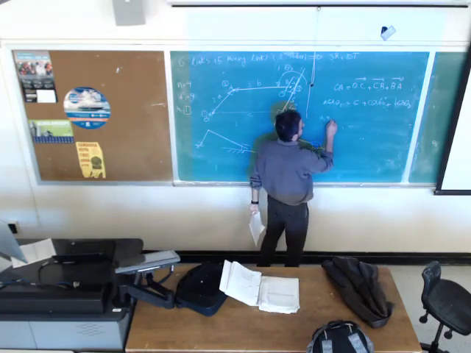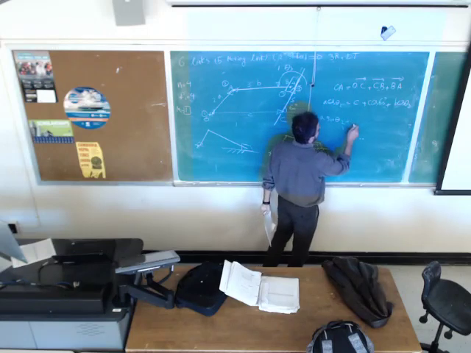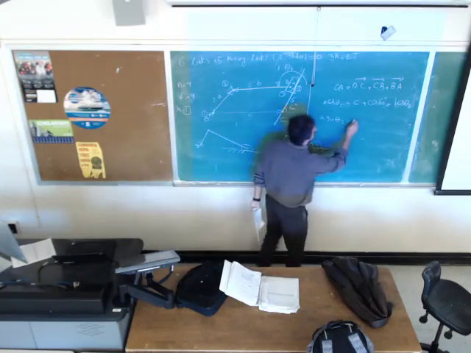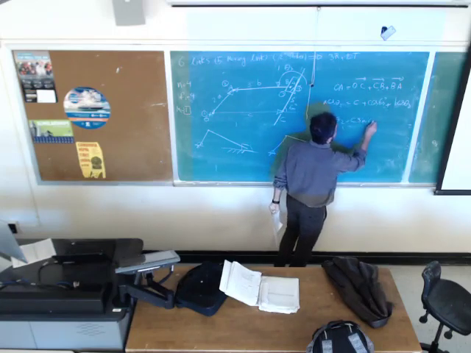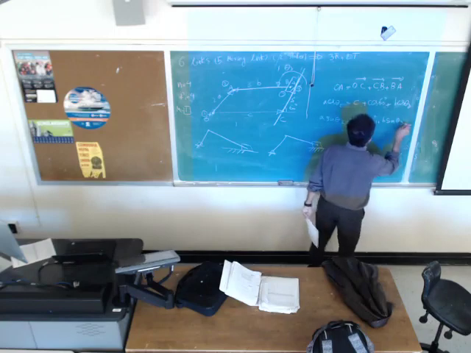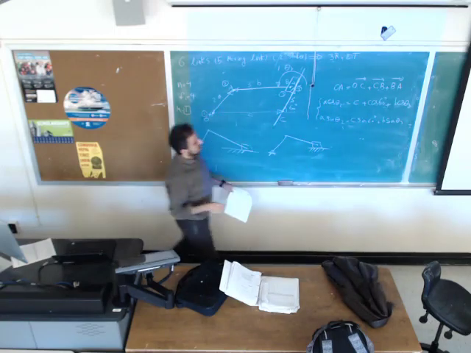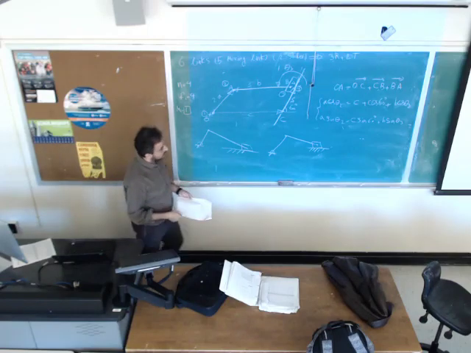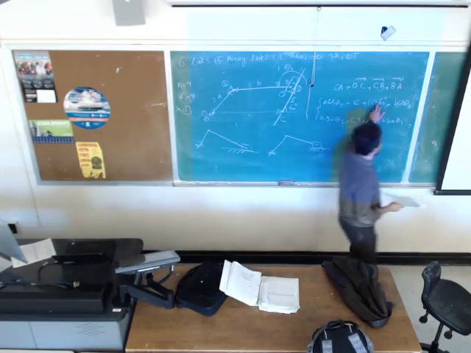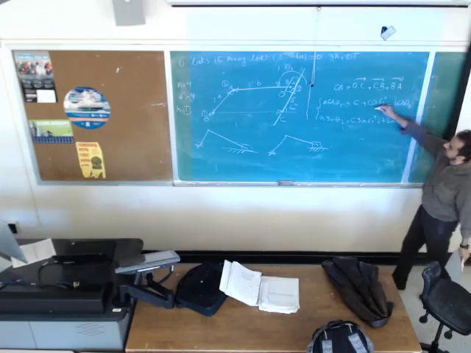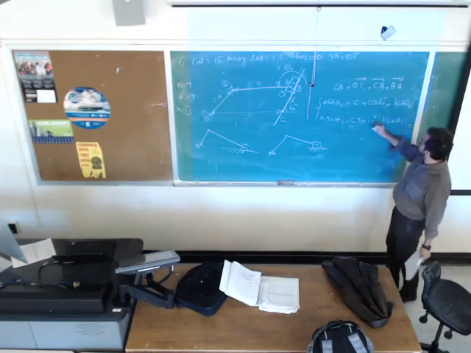The second equation is going to be a sine of theta 2 equals C sine of 0, which is 0, plus S sine of 60 plus b sine of theta 3. Two equations, the unknowns will be theta 3 and S.